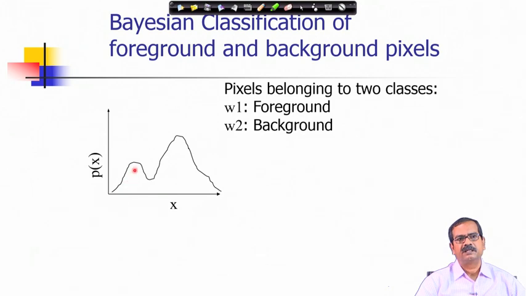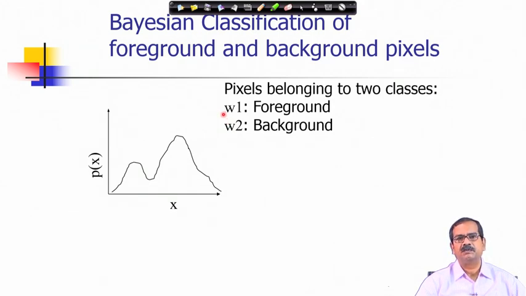There are two modes, two peaks in this histogram, and our assumption is that most of the pixels around one particular peak come from the foreground, and the pixels coming from the background are centered around the other mode. So, we consider there are two classes of pixels, and these are the notations of these classes in this case.